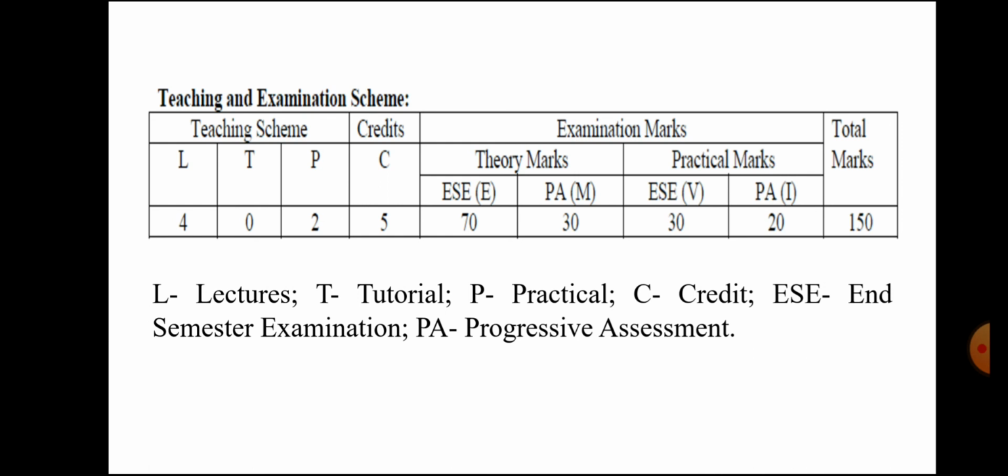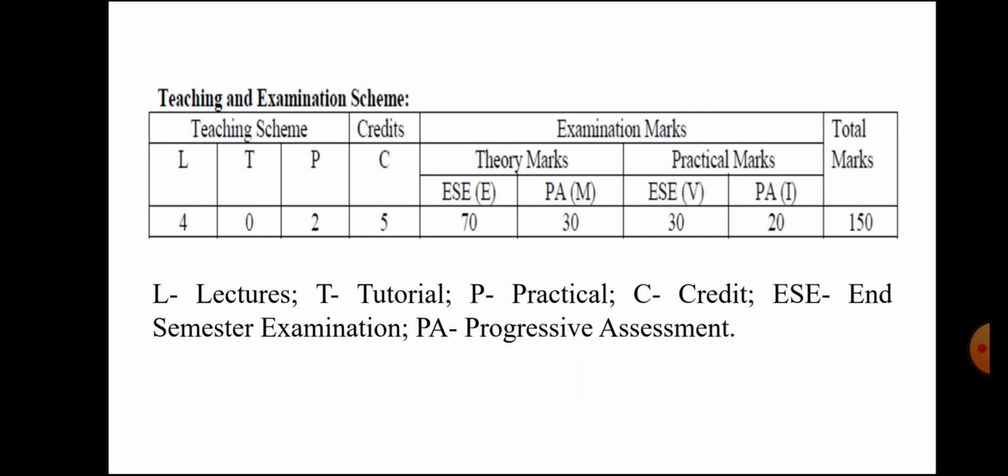In theory marks, which are divided into two parts, the first part is ESE, end semester examination, 70 marks. Then PA, progressive assessment, which we normally consider as the mid sem exam, 30 marks. Practical marks are also divided into two parts, ESE as well as PA.